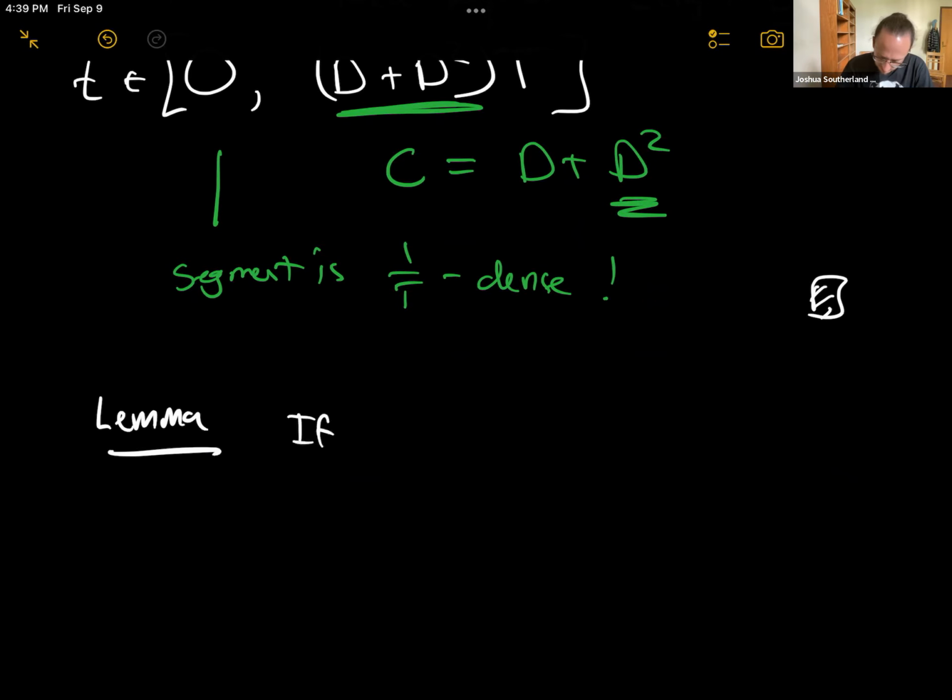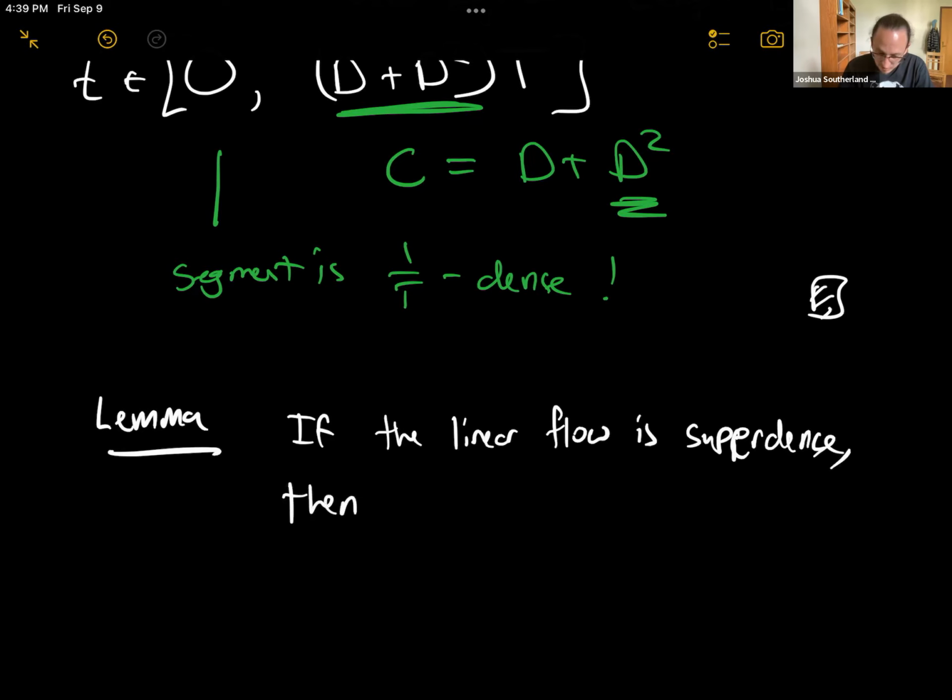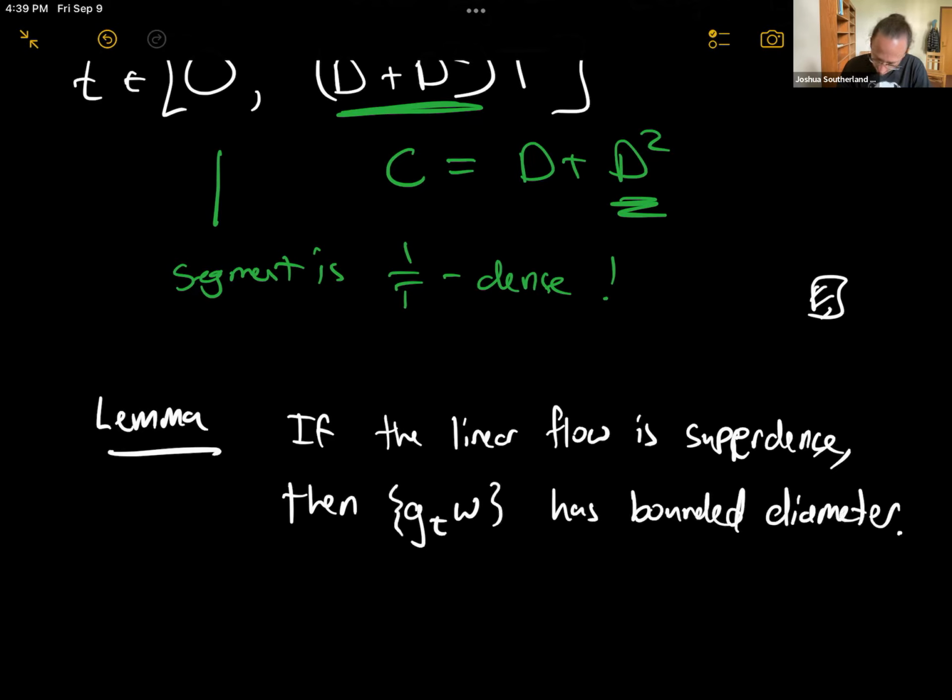So if the linear flow is super dense, then g_t omega has bounded diameter for all t greater than 0.